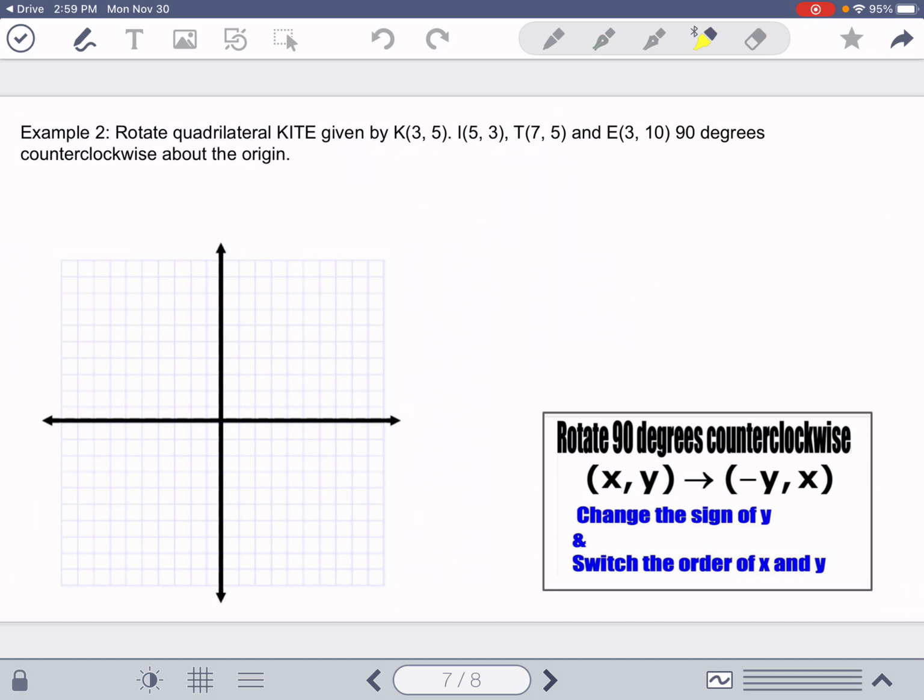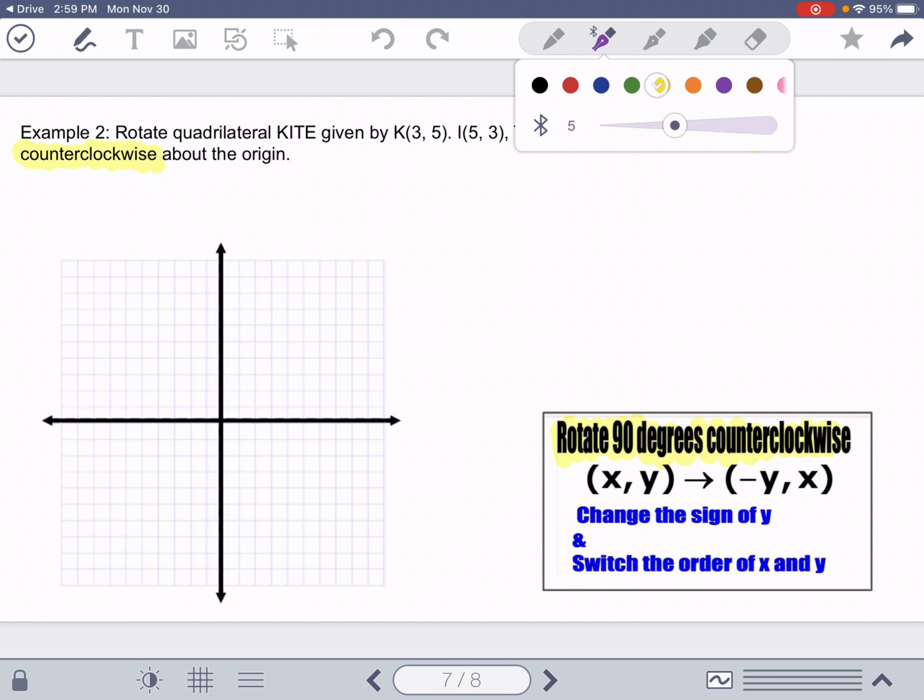All right, next problem, I'm rotating a quadrilateral 90 degrees counterclockwise. I switch the order of X and Y, but then I change the Y value.